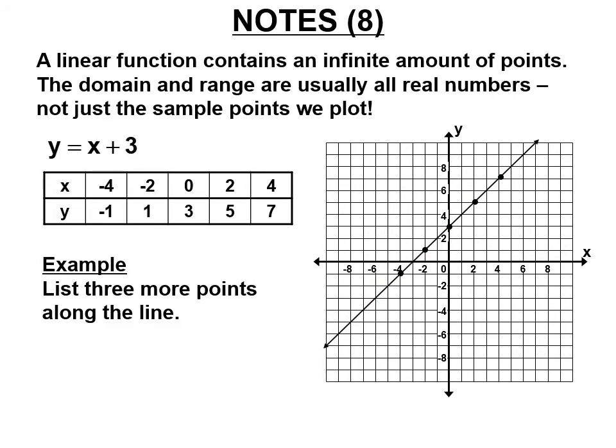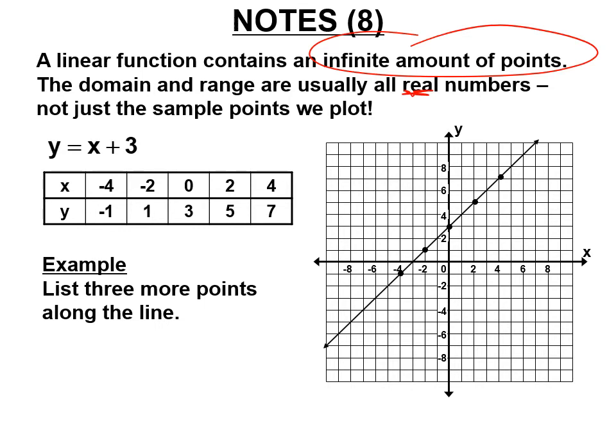All right, so please take these notes, they're very important. A linear function contains an infinite amount of points. The domain and range, the x values and the y values on a linear function, are usually all real numbers. What does that mean? Are there numbers that are not real? Yes, there are. We're going to talk about those later in the year. But so far, all you know about are real numbers.